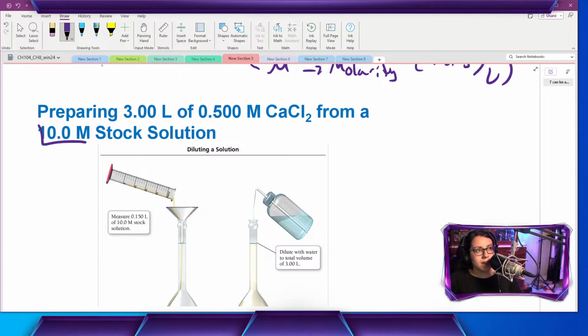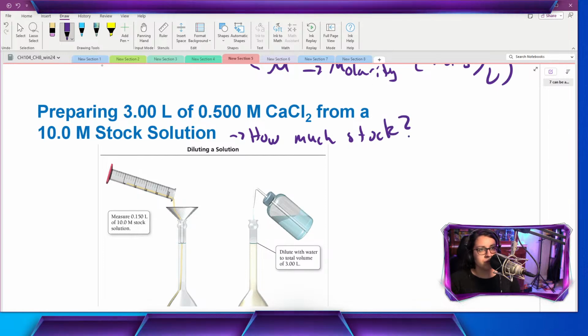And let's say they have a 10 molar stock solution. So the first question we have to answer is how much stock? And anytime you see these dilutions, you're going to be thinking, okay, C1V1 equals C2V2. So I'll just write that out.